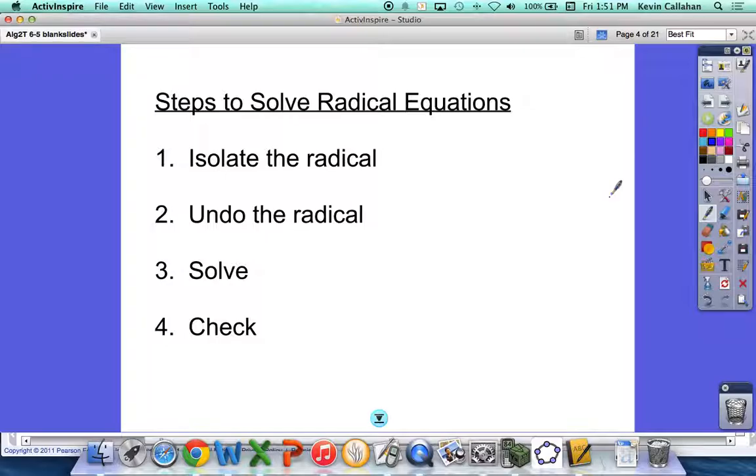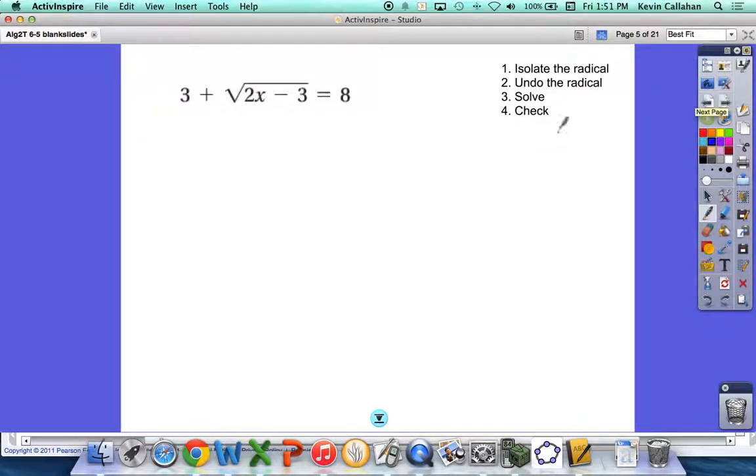But if we get down to the end here and we check our answer and it's not right, it's not extraneous. You just did something wrong. Every time your answer doesn't check, it doesn't necessarily mean it's extraneous. You might have just got the wrong answer.